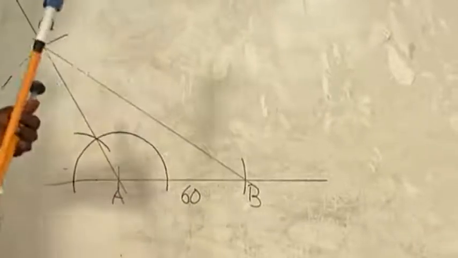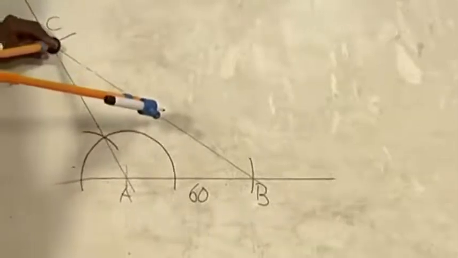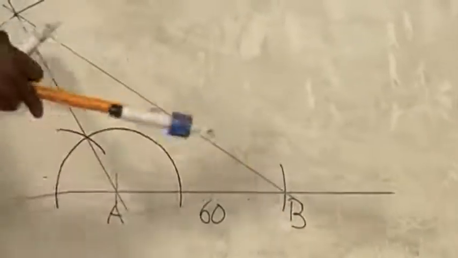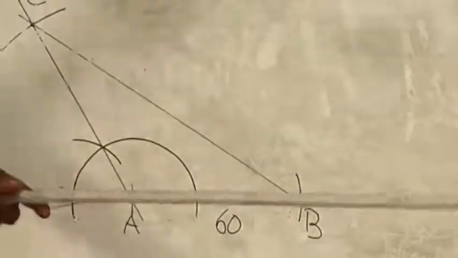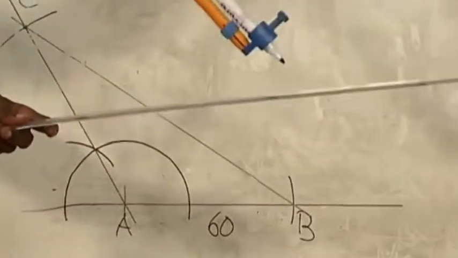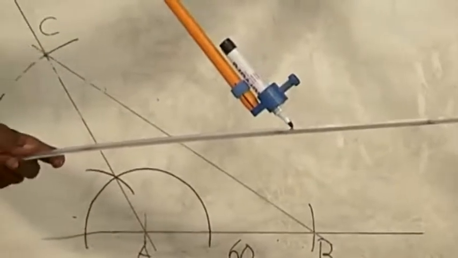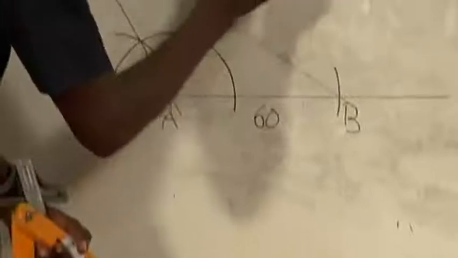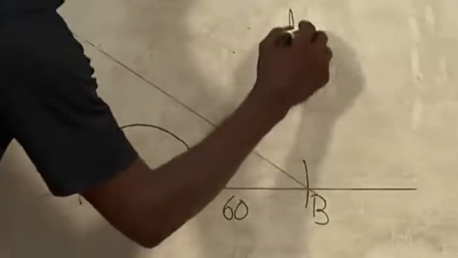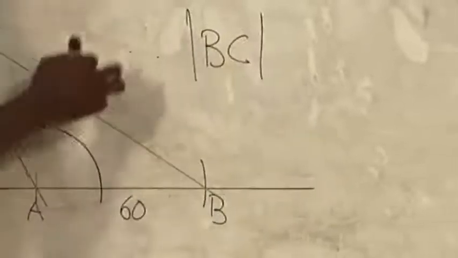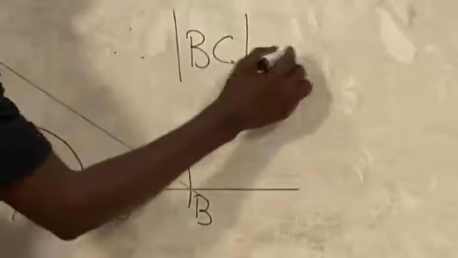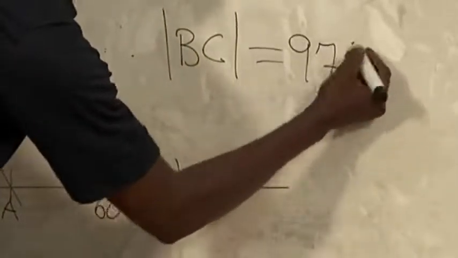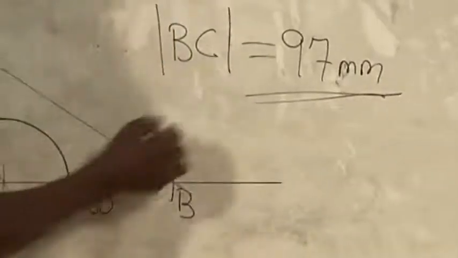You take your compass, put your compass at C, extend your pencil to B, remove it, put it on your ruler, and get where C ended. Anything you have on your ruler is what you now come here and write. Therefore, line BC is equal to, let us just assume, say 97 mm. And this is your answer.